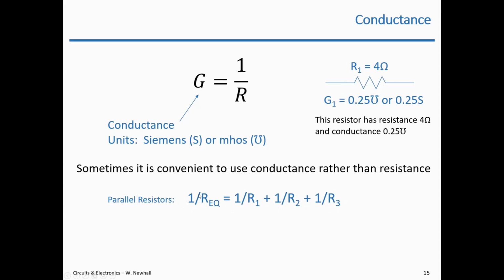If you invert both sides of this equation, you get the equation for the equivalent resistance for parallel resistors. If you convert these to conductances, you see that for parallel resistors, the conductances add. So conductances add in parallel. It's not much different when you're typing this into your calculator, but it's just something to know that there are some cases where it's convenient to work in conductance. So that's what conductance is.